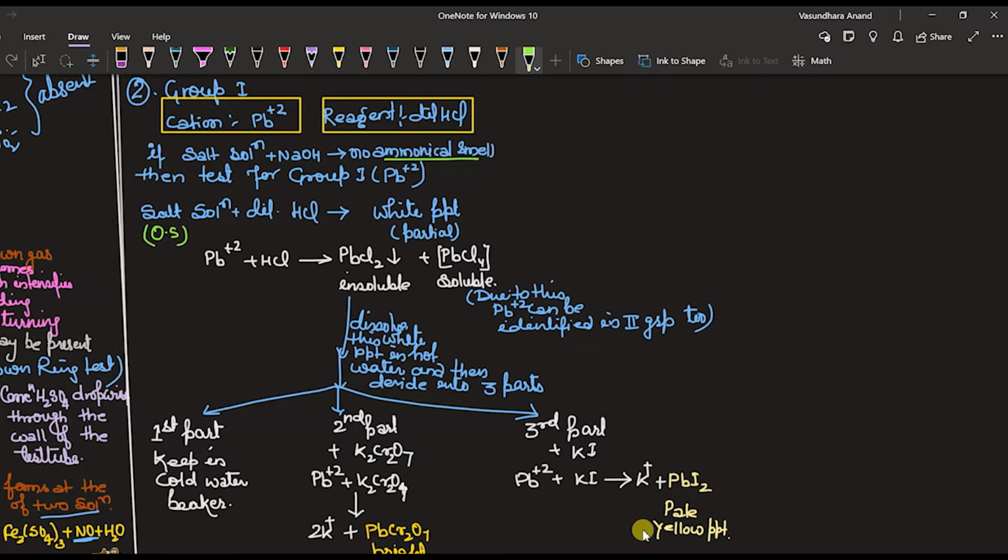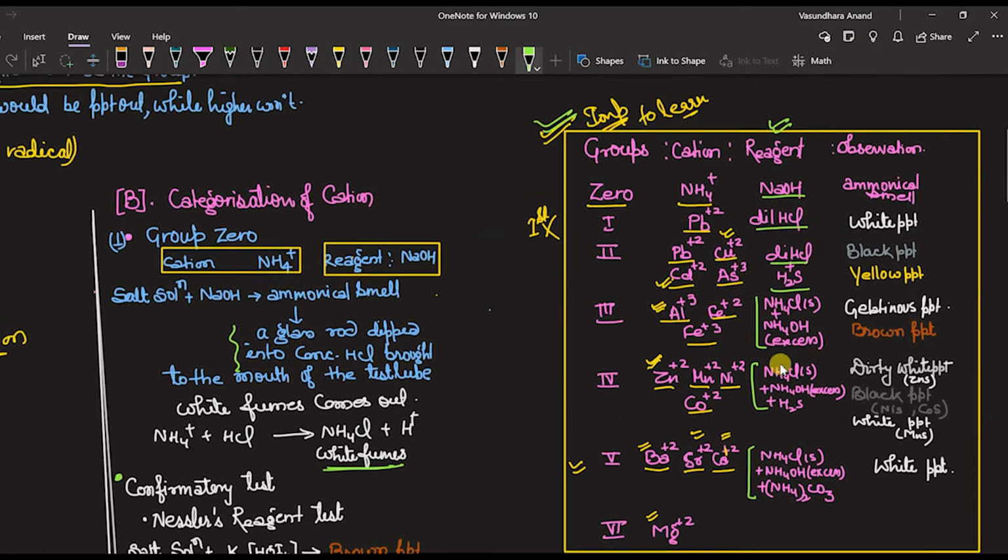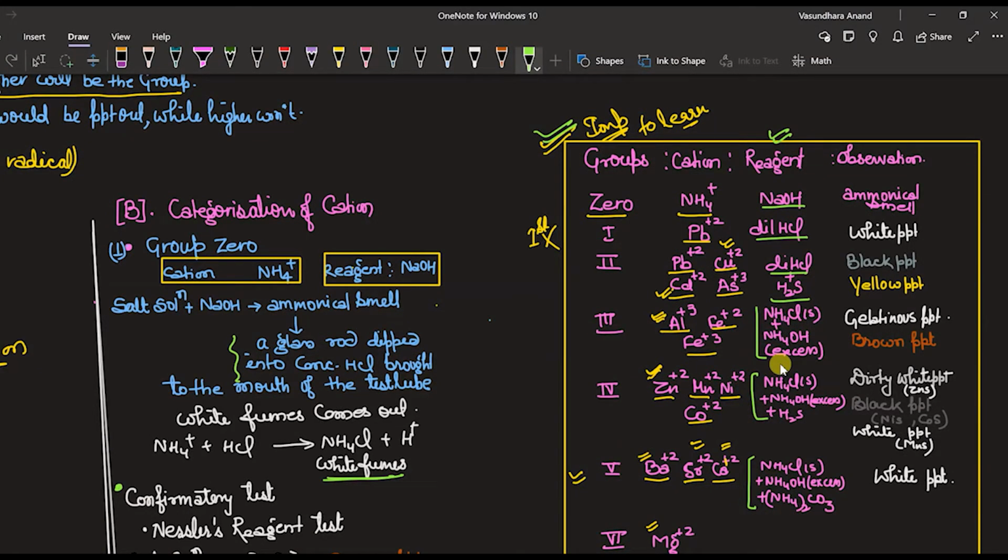Now look at this table. In the previous video also I explained that group 1 has plus 2 and group 2 also has plus 2, isn't it? So how can the same cation be in two groups? Let's see.